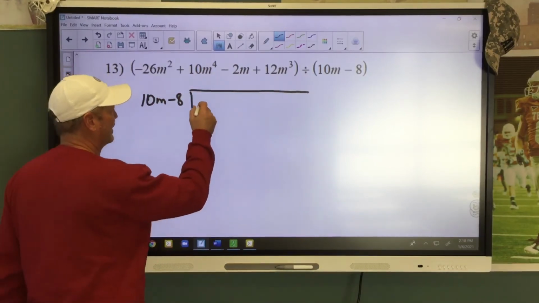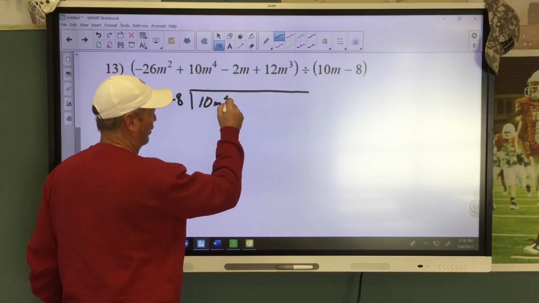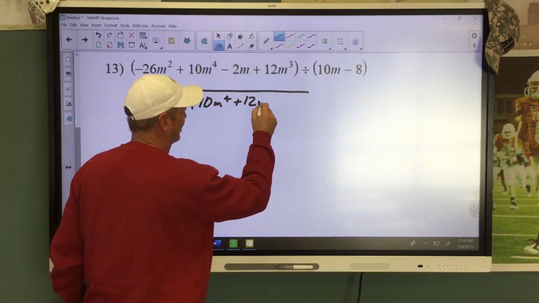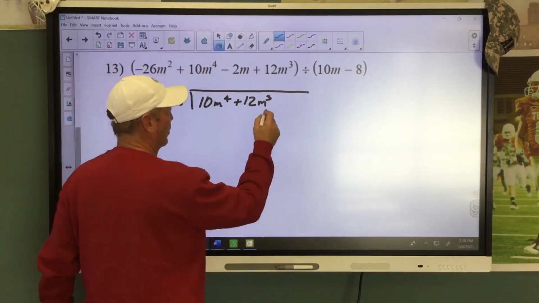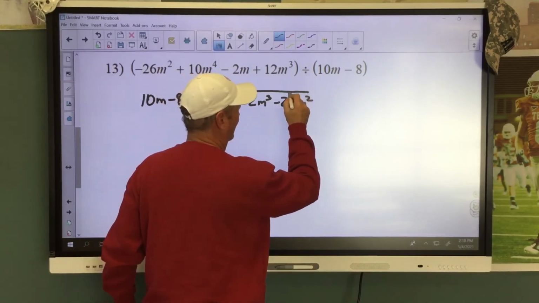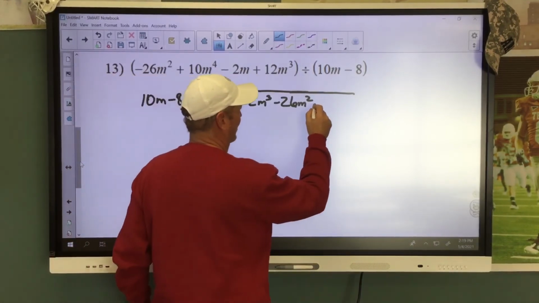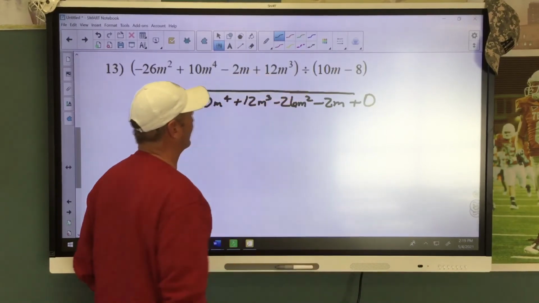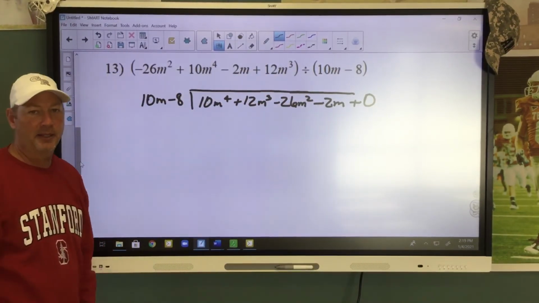So we're going to say 10m to the 4th plus 12m to the 3rd minus 26m squared minus 2m. I'm going to put a 0 at the back end because I don't have a constant at the back end.